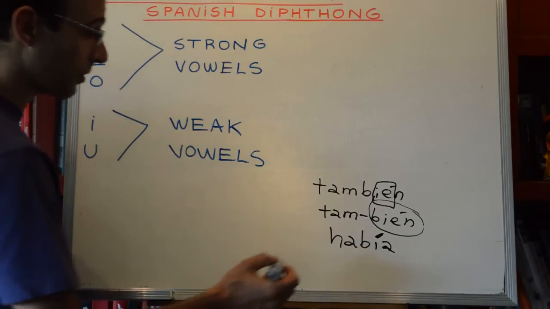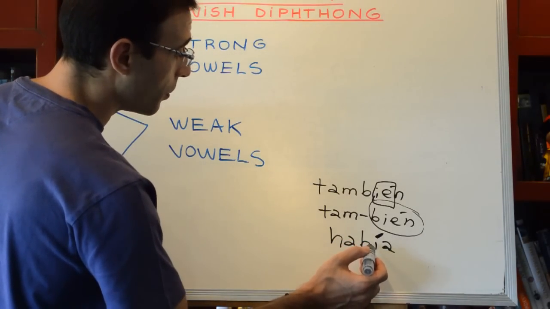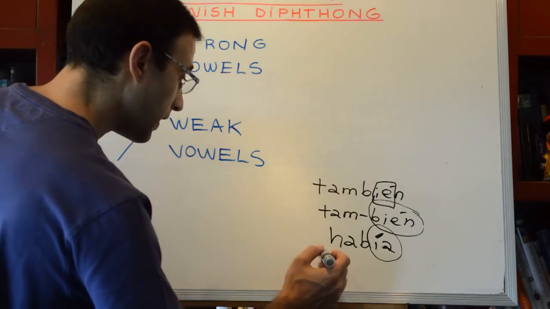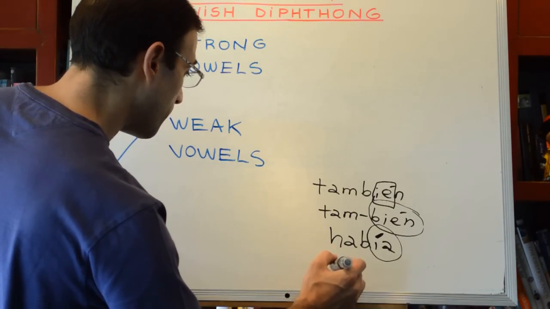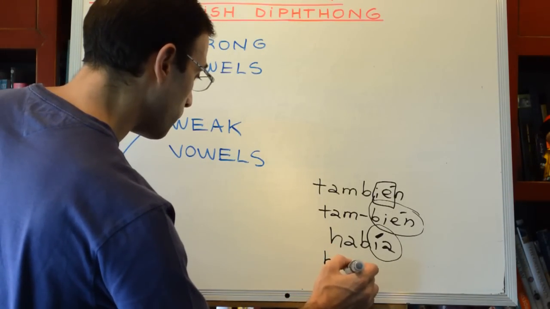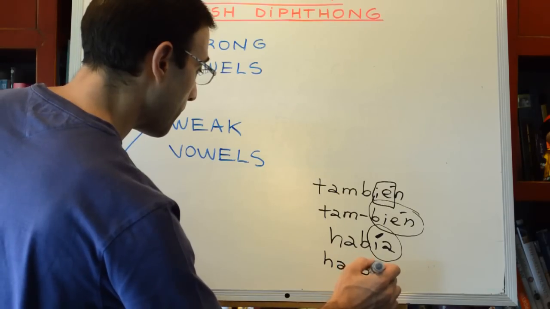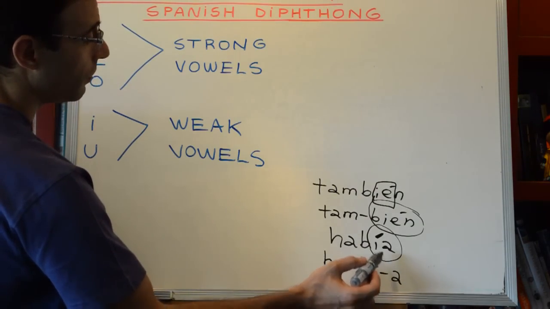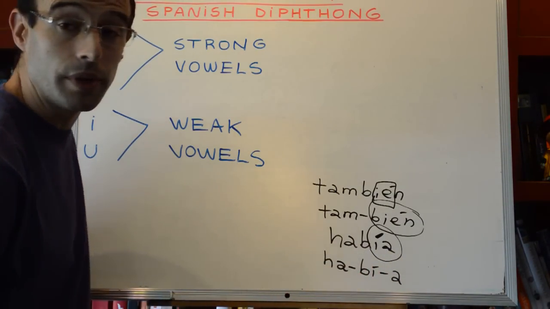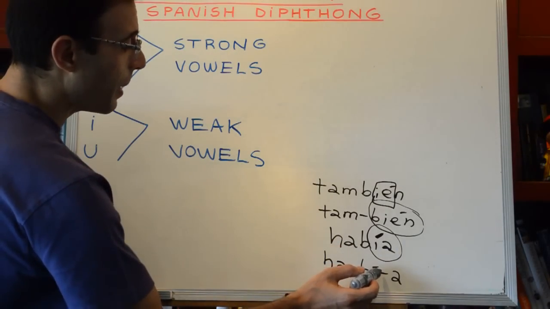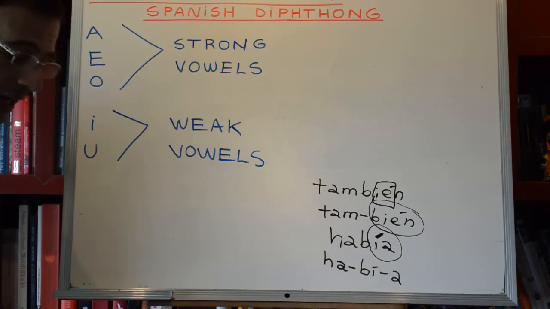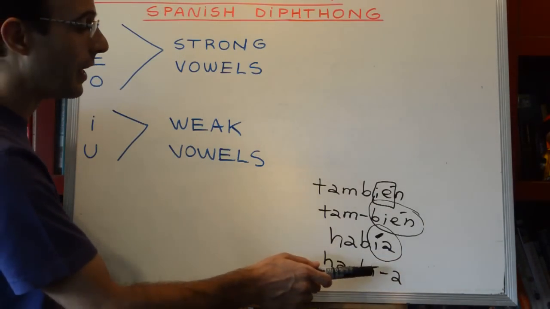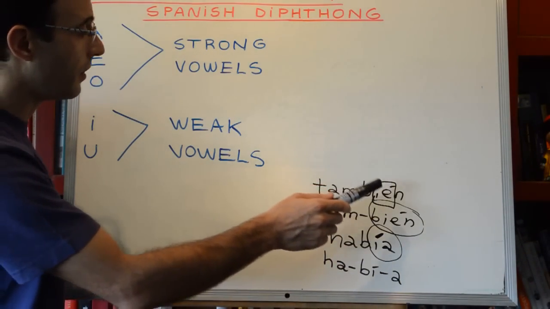Había is an hiatus because although there are 2 vowels together as in the diphthong, however, when we separate in syllables, it's like this: a, b, a. So these 2 vowels that are together are separated when in syllables, right? They both belong to a different syllable. So this is an hiatus.